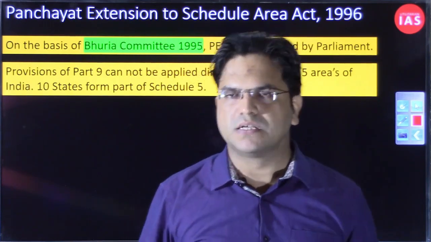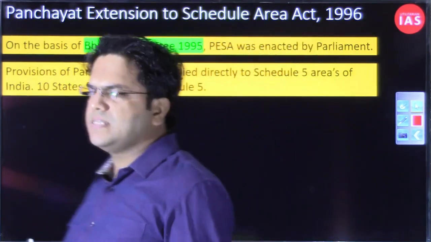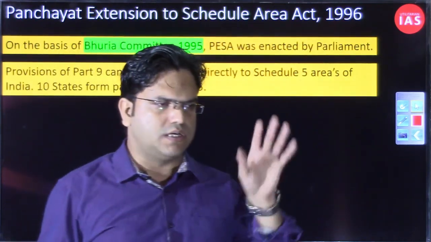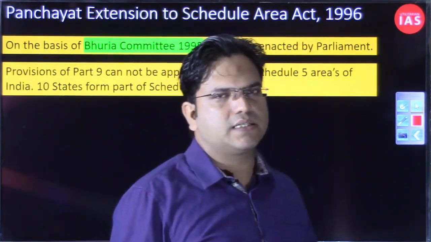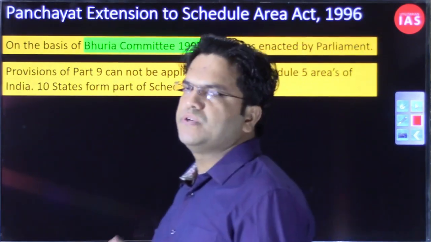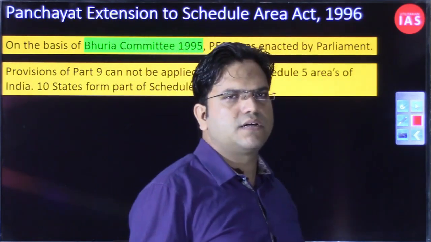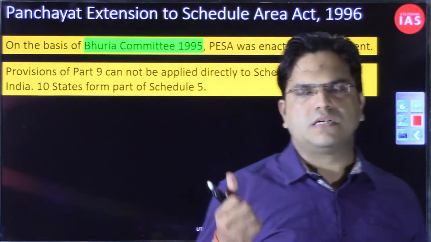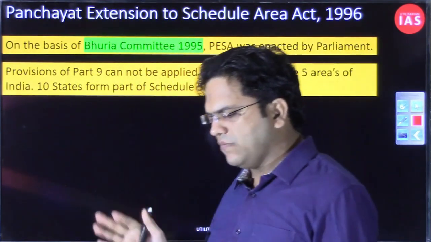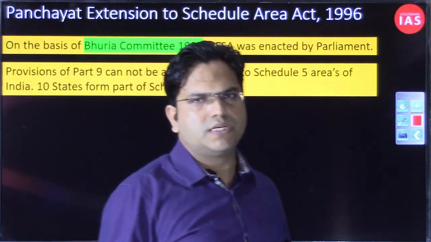What kind of classes? We'll discuss that in this video itself. The question that should arise is, when you had the previous act, the 73rd Constitutional Amendment Act or Panchayati Raj Act, which was dealing with local self-government, what is the sudden necessity of passing a similar act with almost similar provisions just 3 or 4 years down the line?